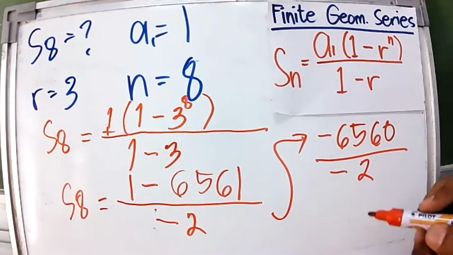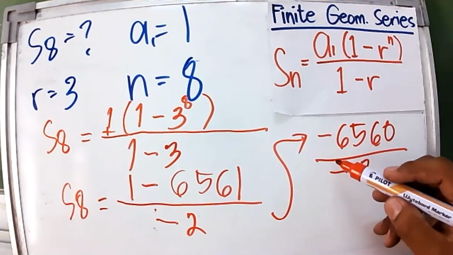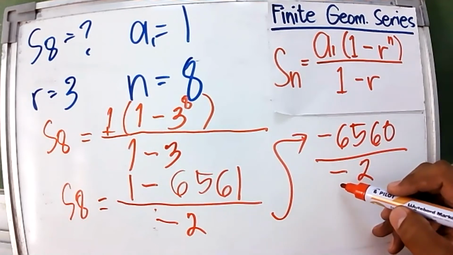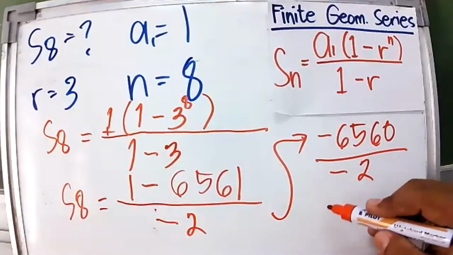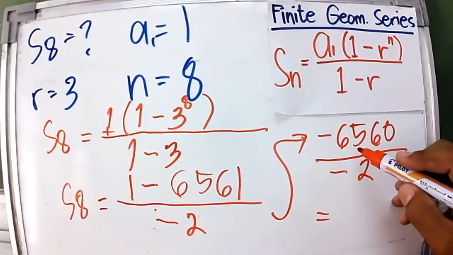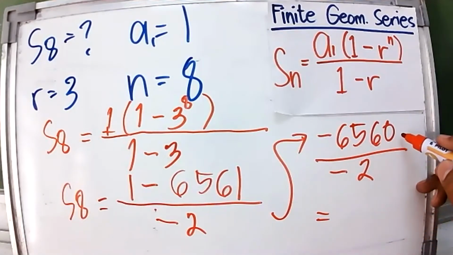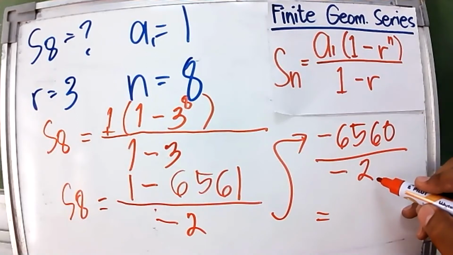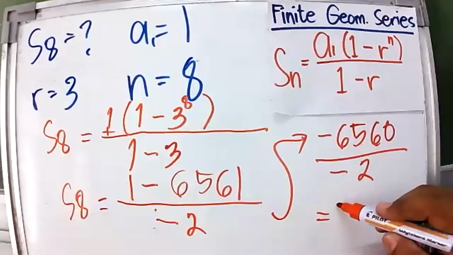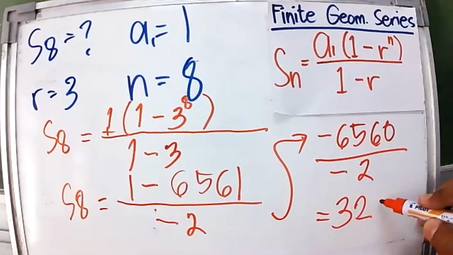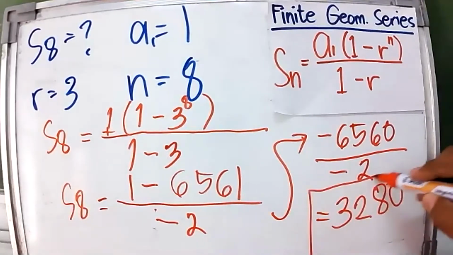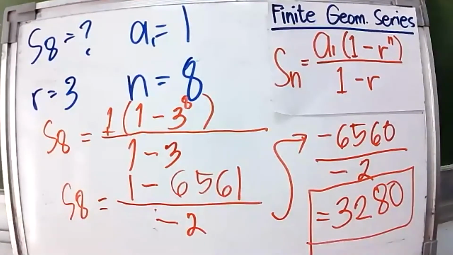Okay? Now, when you solve this, negative divided by negative becomes positive. So therefore, that becomes 6,560 divided by 2. The answer is 3,280. And that is the correct answer. Okay? Kindly thumbs up if you understood the process.